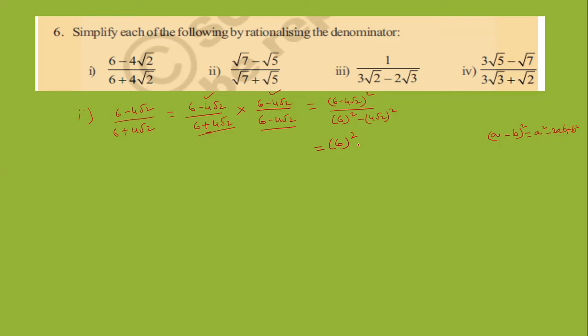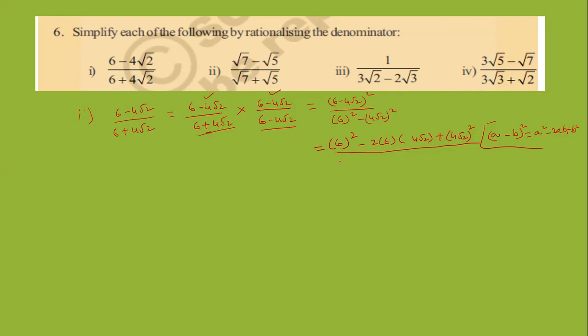A is 6, hence a square means 6 square, minus 2ab. That means a means 6, b means 4 root 2, plus b square. B square means 4 root 2 whole square. Which formula we can use here is this one. Now the denominator, how is the denominator? A minus b into a plus b.